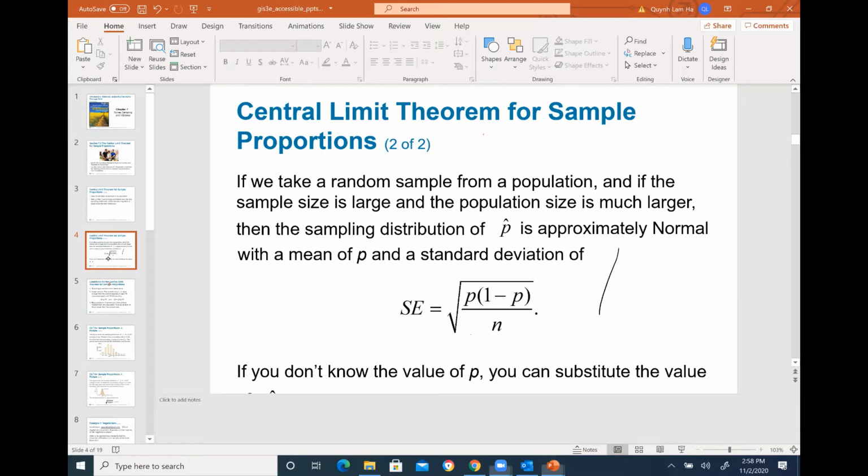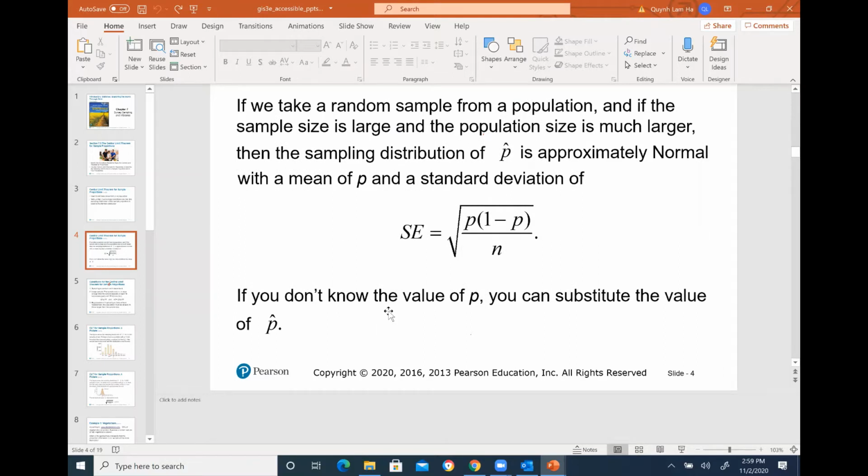If you don't know the value of p, we can use p hat to replace p.